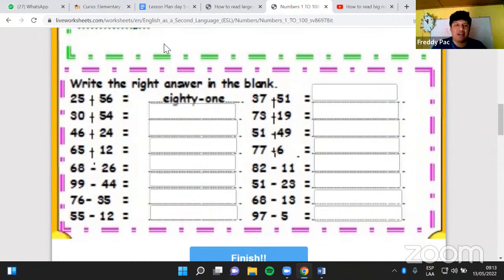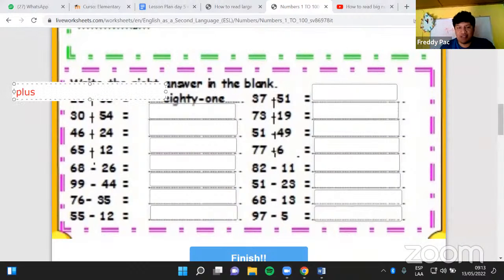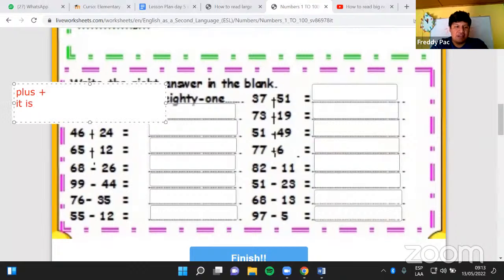The first symbol is plus, yes? And the second symbol is equals, equals to. That is the expression.